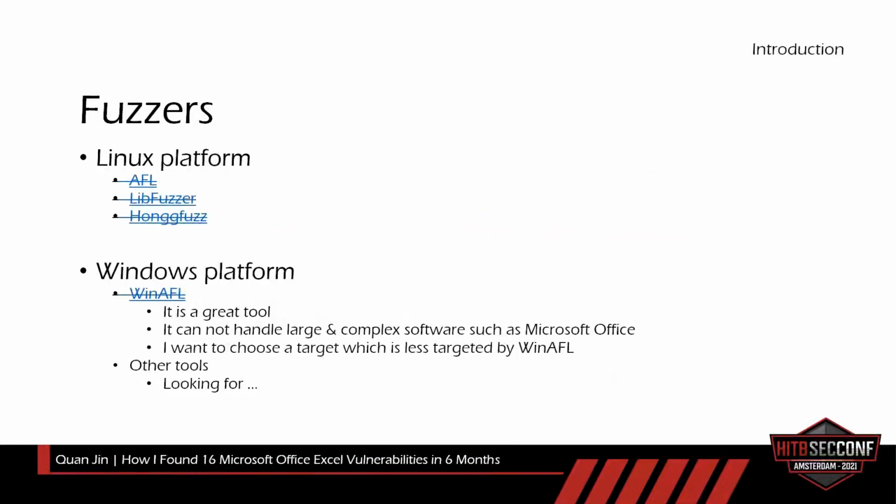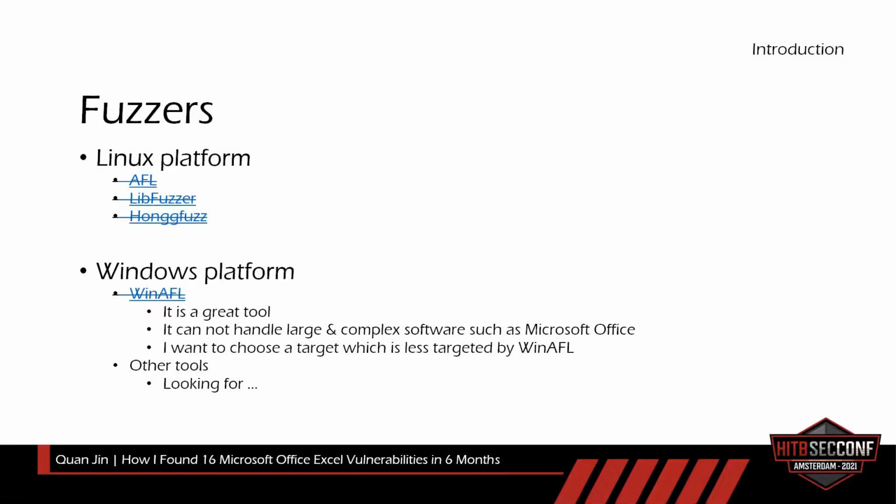There are many fuzzer tools for Linux platform, such as AFL, LightFuzzer, and HonggFuzz, but there are fewer fuzz tools on Windows platform. WinAFL is a great tool. However, it cannot handle large and complex software such as Microsoft Office.